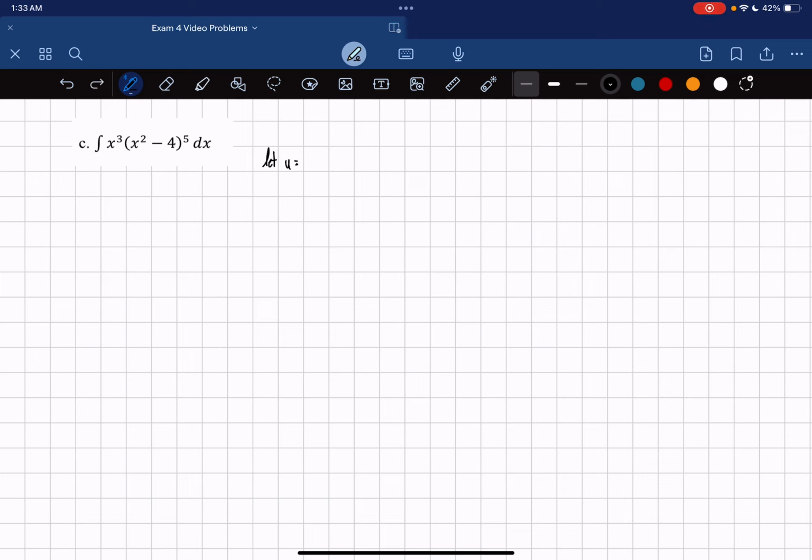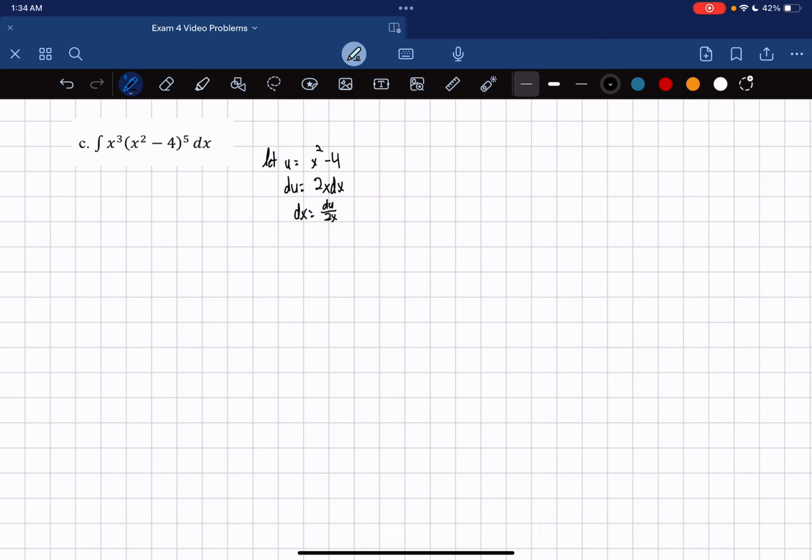So then, let u equal x squared minus 4. Derive that, giving us du equals 2x dx. Therefore, our dx is equal to du over 2x.